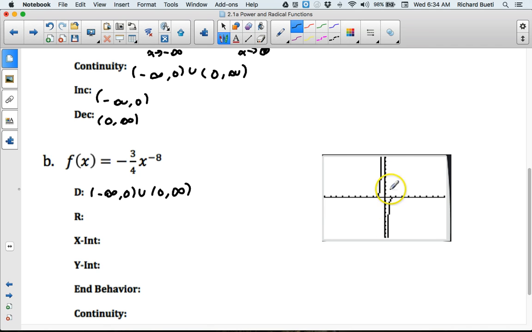The range is going to cover pretty much everything, except it's going to have a horizontal asymptote here. It's kind of hard to see, but the range on this function will actually mirror the domain. It'll be from negative infinity to 0, union 0 to infinity. There's a horizontal asymptote happening right here. There are no x and y intercepts again.